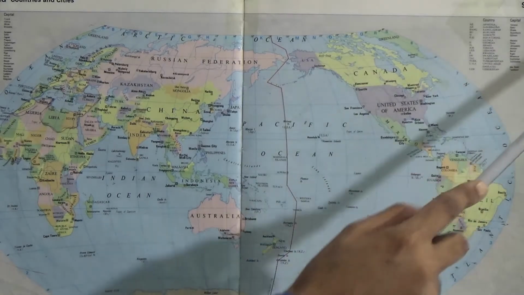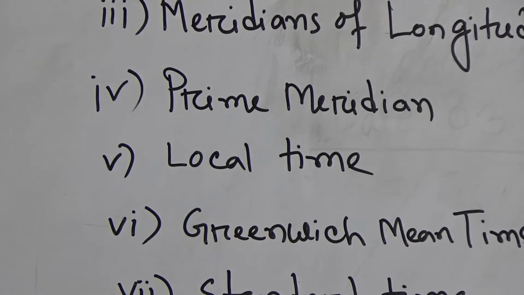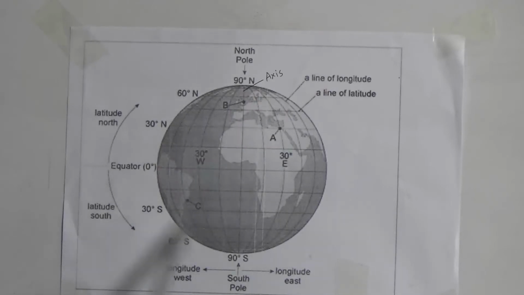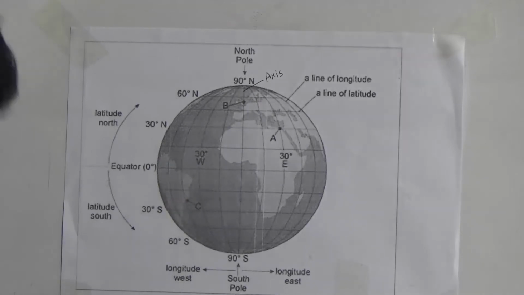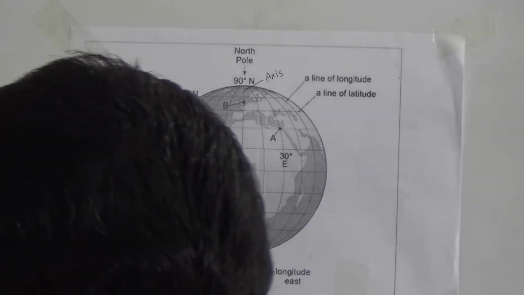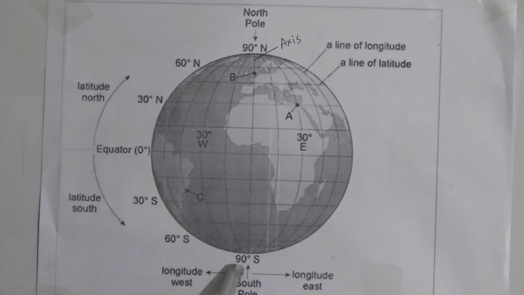Now we will learn about meridians of longitude. So there are several lines which are drawn from north to south, you can see. And these lines are called meridians of longitude. And prime meridian, look at this figure again.